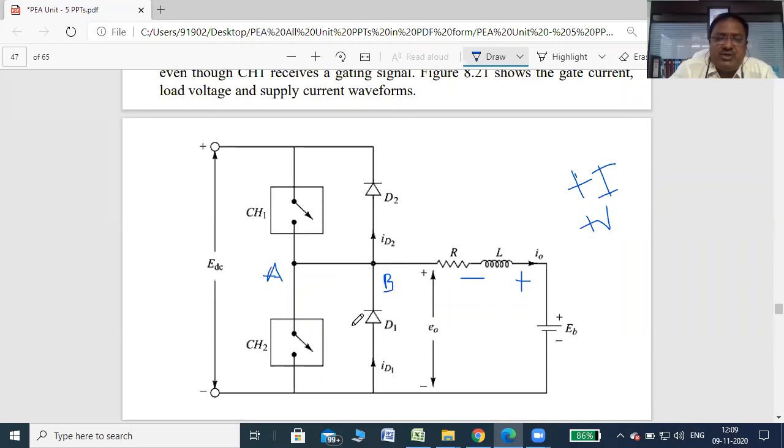So diode D1 is in forward bias condition, but D2 is in reverse bias condition, right? So current starts to flow from L, then diode D1, then point B, then R, and back to the inductor. You can check here, the current direction is the same. But the output is equal to 0.